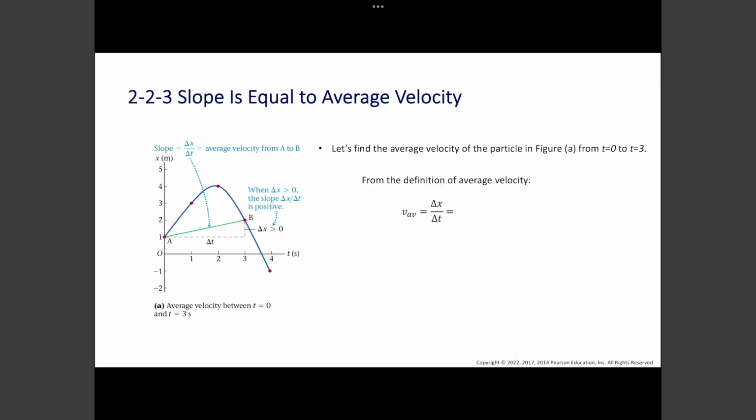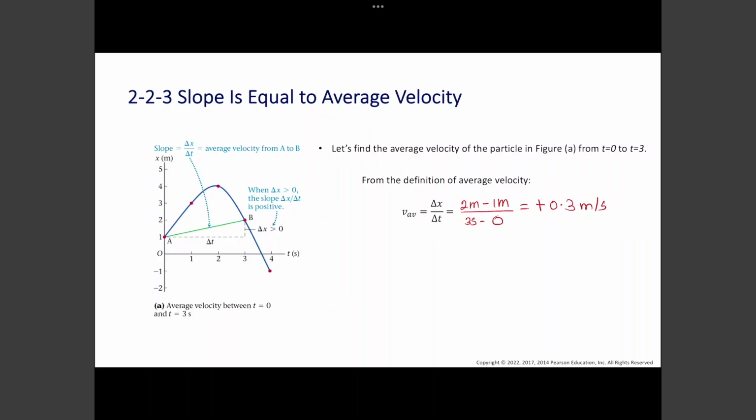From our previous table, we know that delta x is equal to 2 meters minus 1 meter, and delta t is 3 seconds minus 0. So the answer is positive 0.3 meters per second.